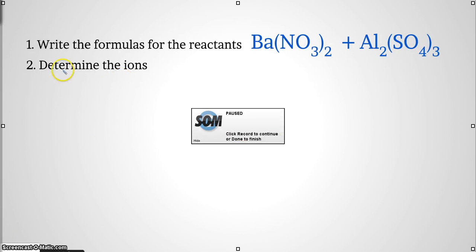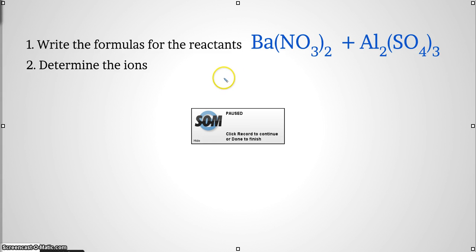Okay, now the second step, we want to determine the ions. So we're kind of basically undoing what we just did, but we need to know what those reactants looked like. Now the reason we want to know the ions is because when these things are aqueous, they have broken apart into ions. So really we have all four of these ions moving around together with the water in the aqueous solution.